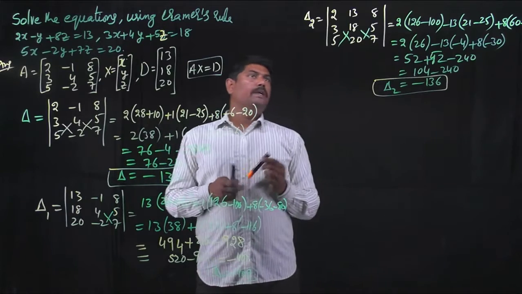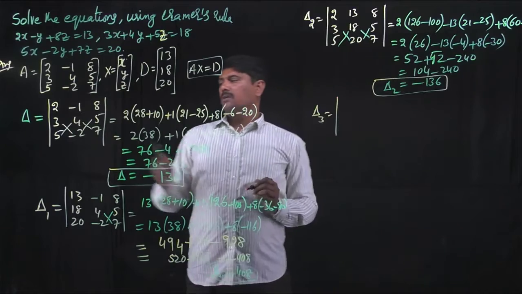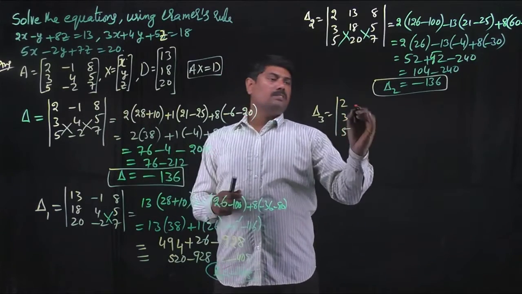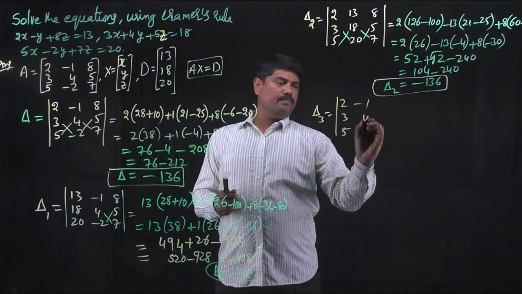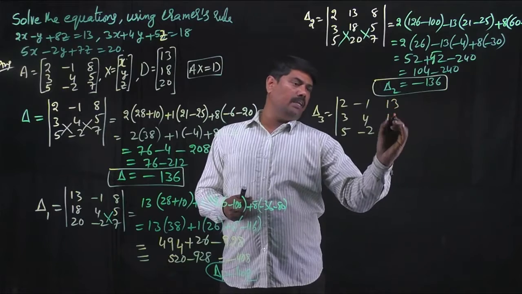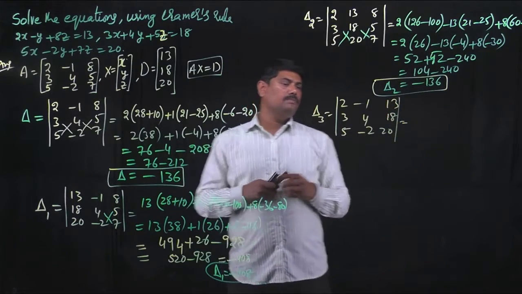Now moving to find the value of delta 3, the last determinant. From the coefficient matrix the first column remains the same, the second column remains the same, and the third column is replaced with 13, 18, 20. Now finding its determinant.